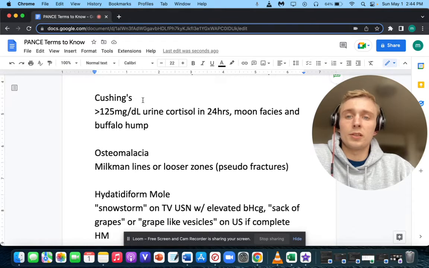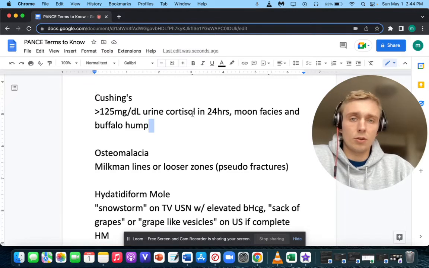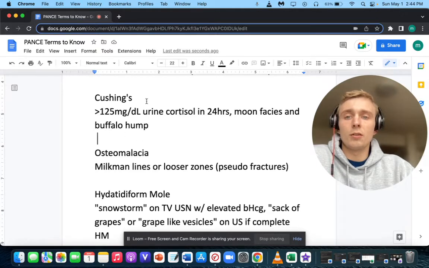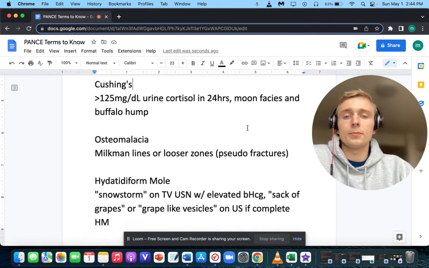And which one is Cushing's syndrome and which one is Cushing's disease? Cushing's disease is a pituitary cause, and Cushing's syndrome could be another cause. So like small cell lung cancer, any other ectopic creation of cortisol. So cortisol in Cushing's syndrome is coming from somewhere else in the body. Cushing's disease is a problem with the pituitary itself.